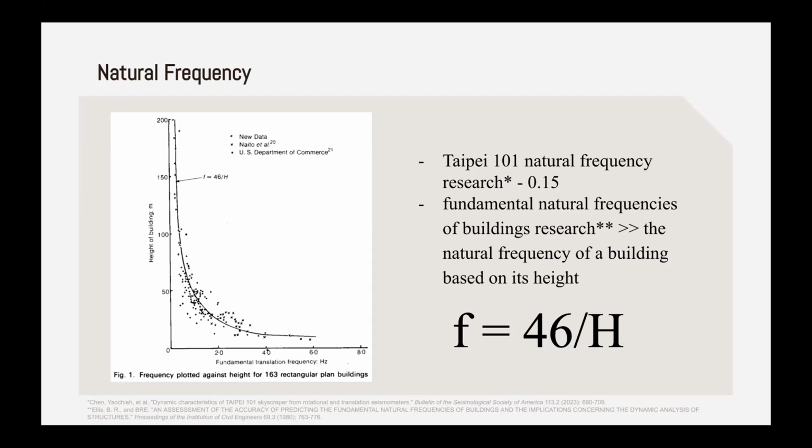Based on other research about the fundamental natural frequencies of buildings, I found a formula to predict the natural frequency of a building based on its height. In this formula, F equals 46 over H, where F is frequency and H is the height of the building.